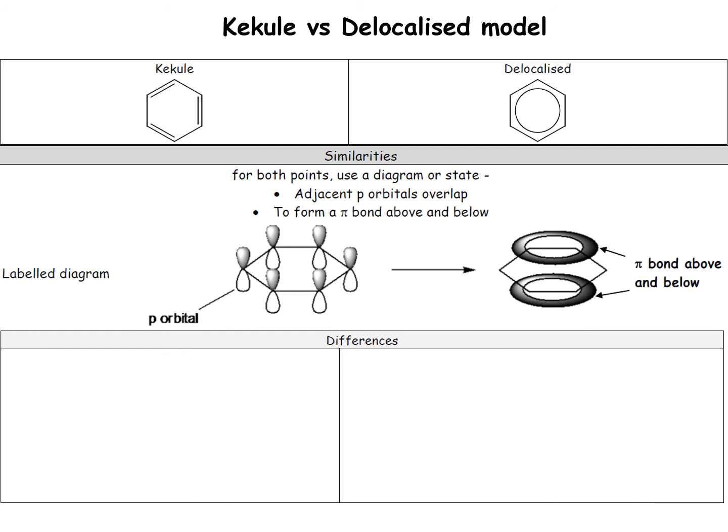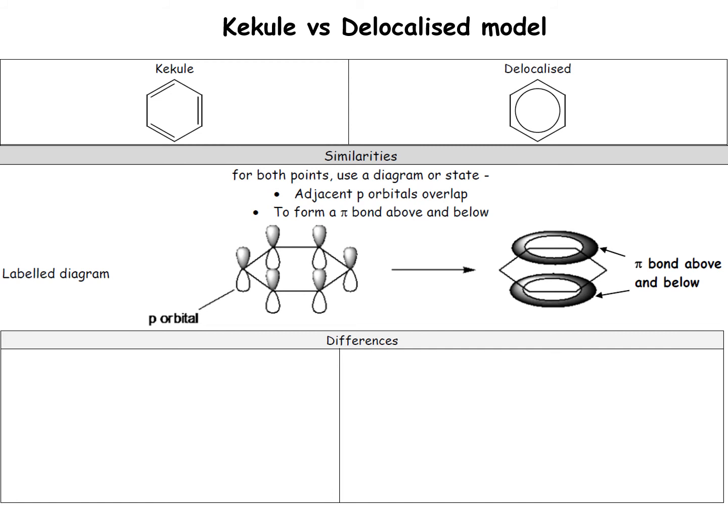Now the differences were where the problems really arose when marking this question. Many students seem to feel that in the delocalized model you didn't have a pi bond anymore. They use lots of terms like pi ring and pi structure, and it sounded like they thought there wasn't a pi bond.